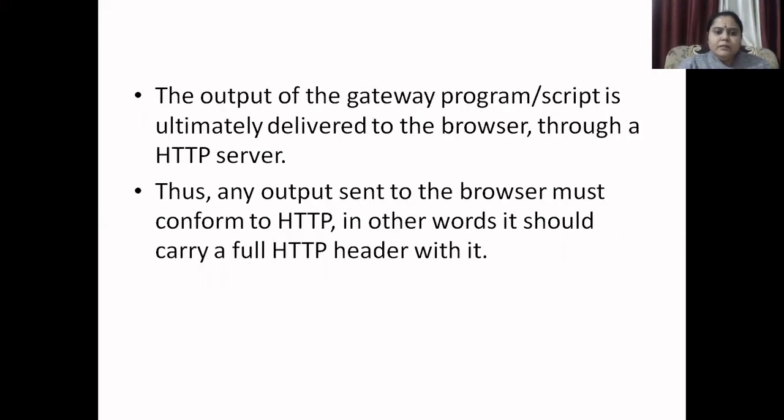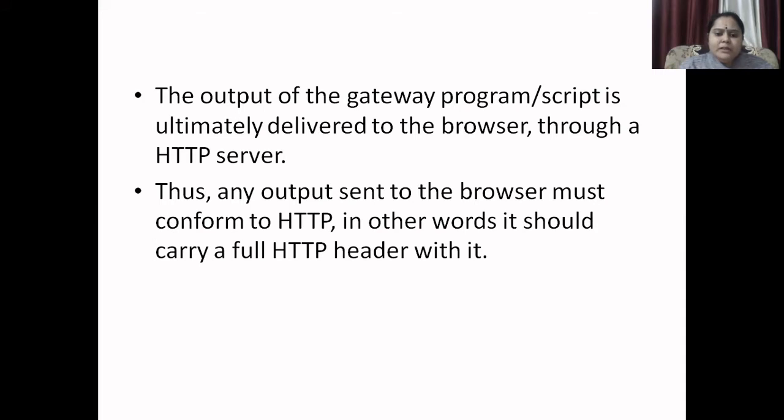Next, the output of the gateway program or script is ultimately delivered to the browser through an HTTP server. Thus, any output sent to the browser must conform to HTTP.